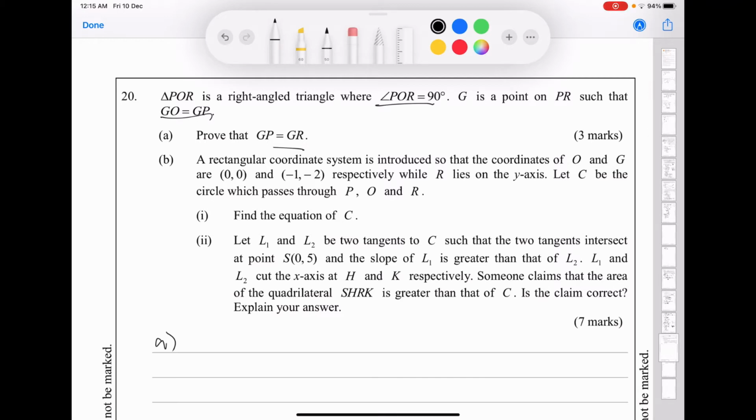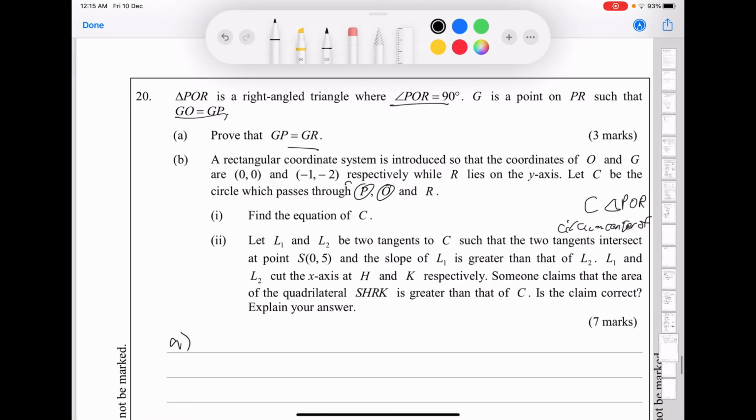So, if we look closely, C is actually the circumcircle of triangle POR because it passes through these 3 points.